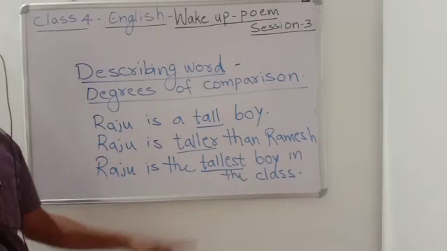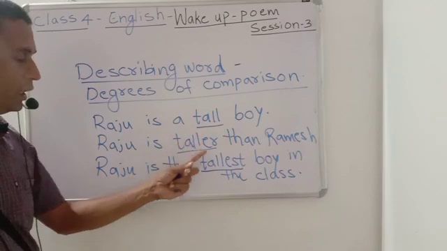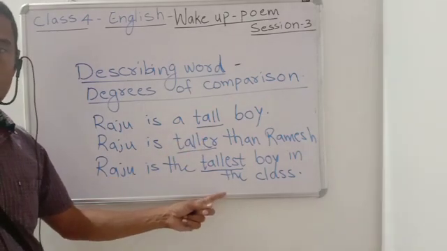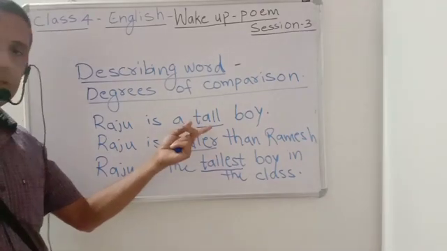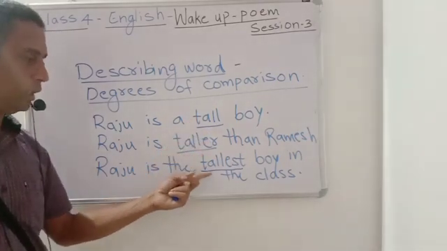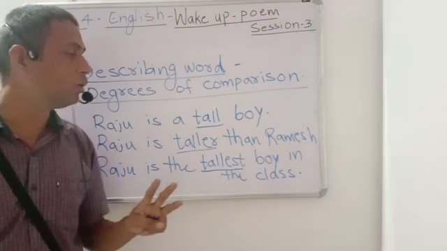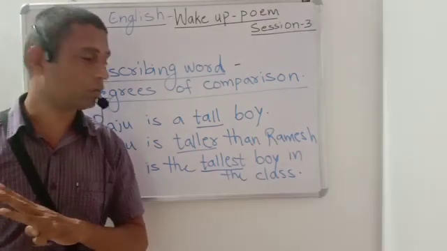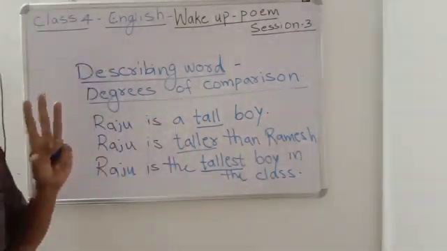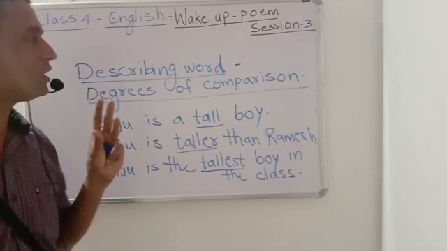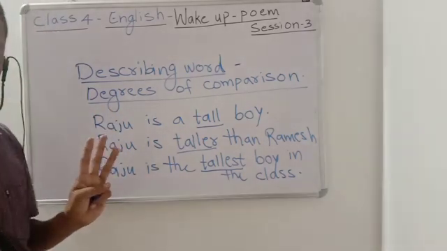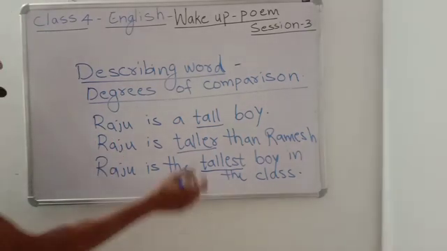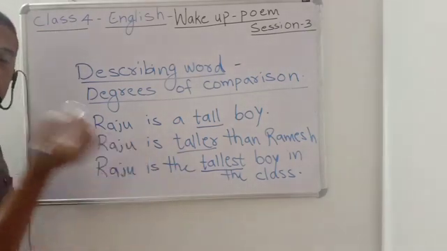So there are 3 degrees of comparison for describing words. The first one is positive degree, comparative degree and superlative degree. You need not study the grammatical part of this. For your information, just understand this and keep in your mind. Tall, taller, tallest.